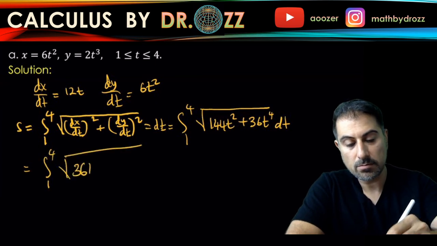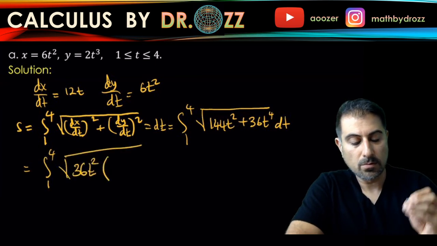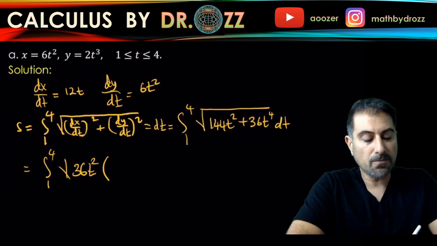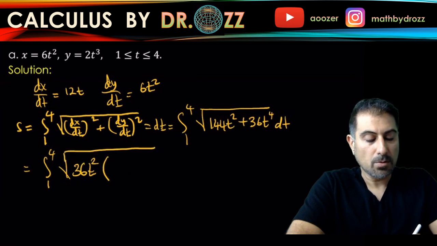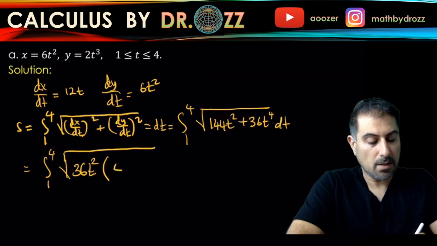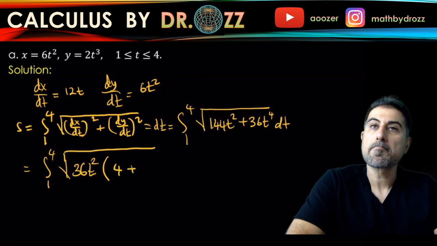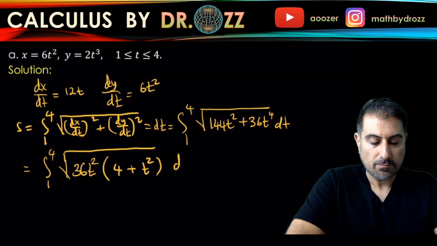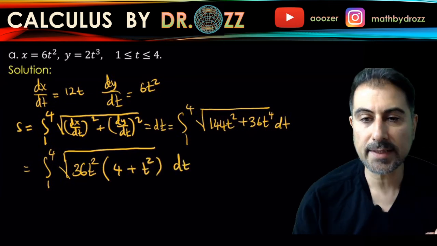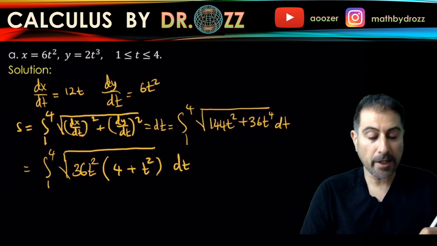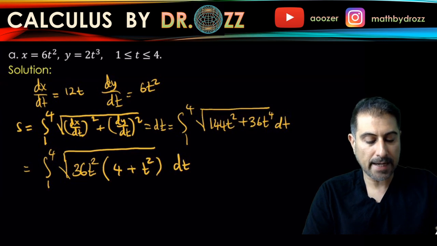And I get 4 plus t squared. All right, 36t squared is the perfect square of 6t. I can pull that out of the radical.